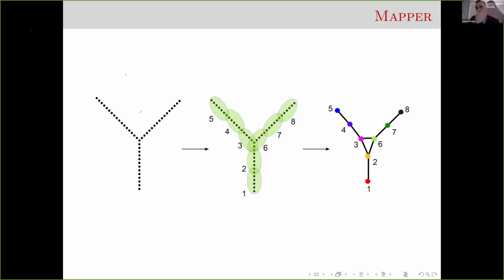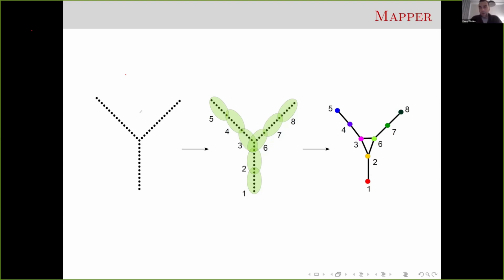And if the cover elements happen to have non-empty intersection, we put an edge between corresponding vertices. And in addition, if we have some function on top of our points, a classical example is maybe survival on some genetic data, we can transfer it to the graph by aggregating the values of the function in every cover element and displaying them in the form of a color of the graph.